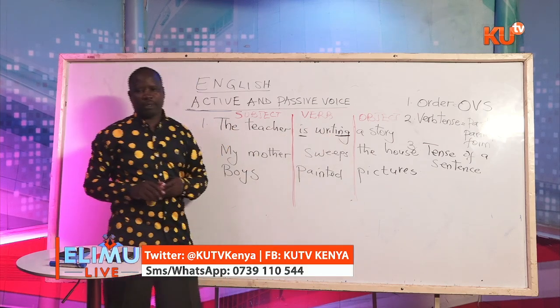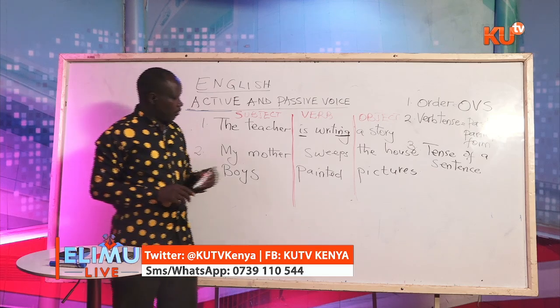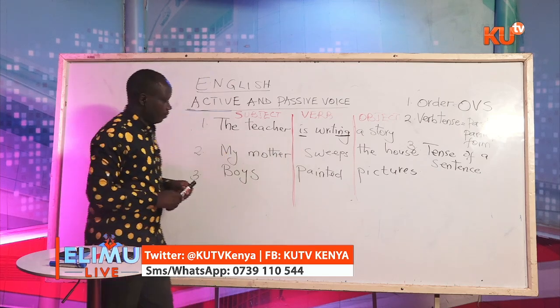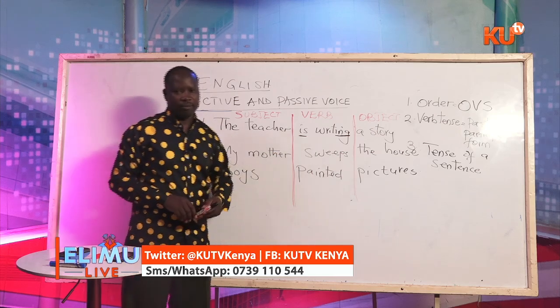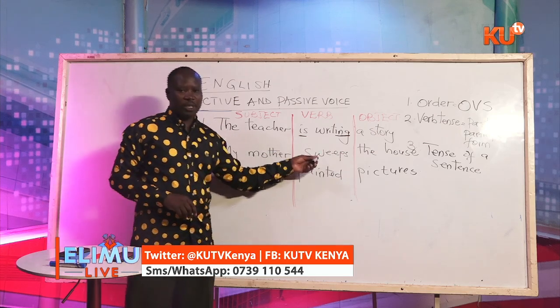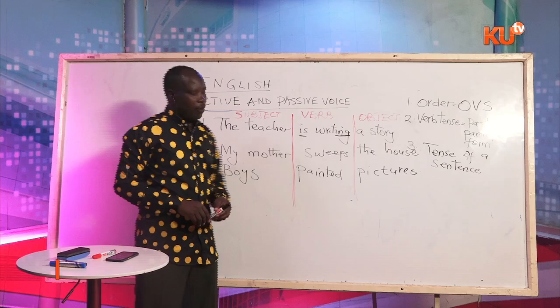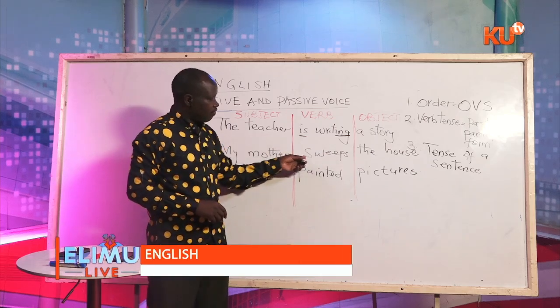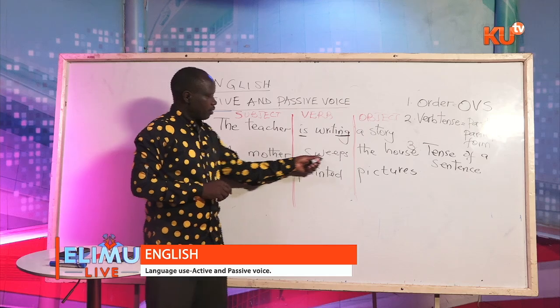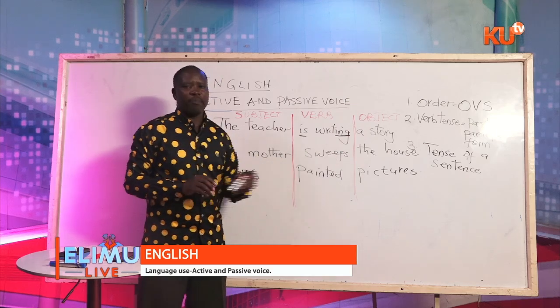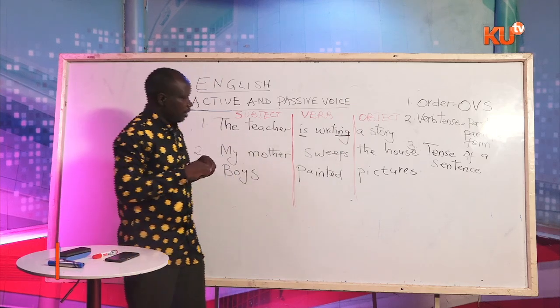This is very important. Then when we come to the second sentence, my mother sweeps the house, we again look at the verb. It is this verb that will give us the tense of our sentence. Sweeps. This is in present simple tense.